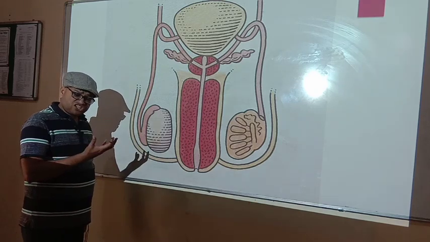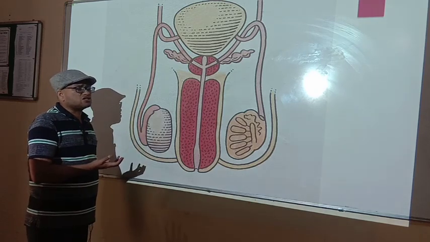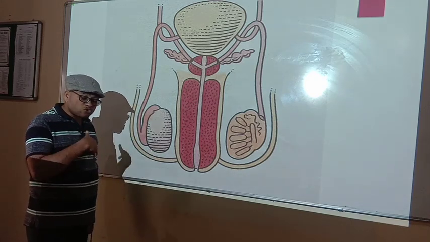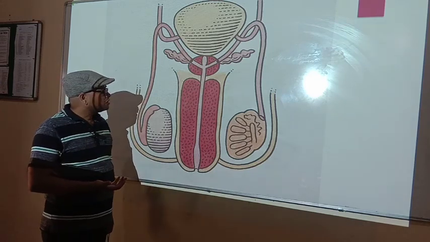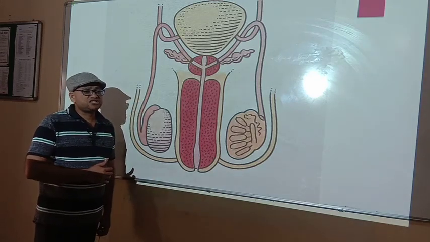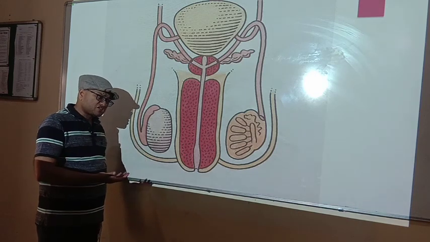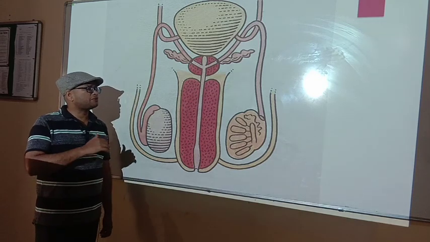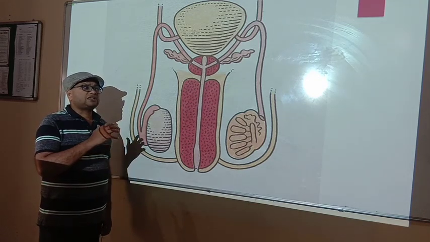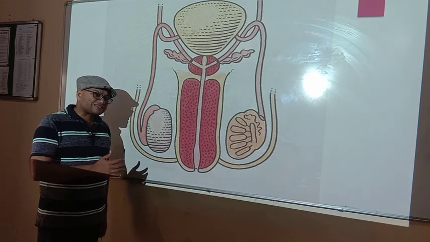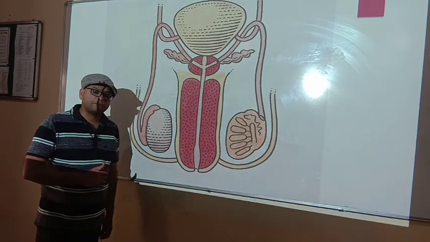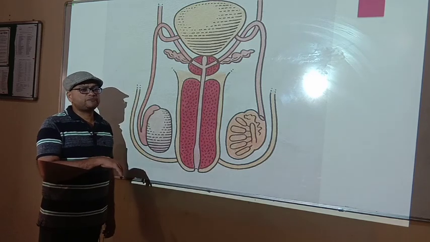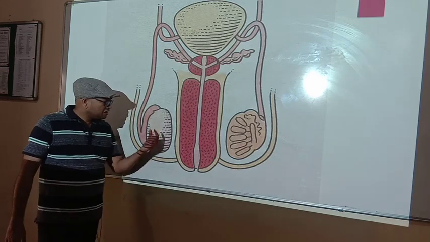The testes are the only organs found outside of our body cavity, because inside the testes the male gametes are produced, and for the development and maturation of the male gametes the temperature required is less than our body temperature. That's why the testes hang in the scrotum just below the abdomen. These are the two testes.